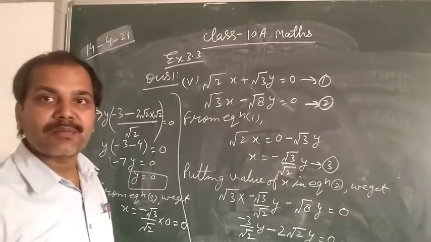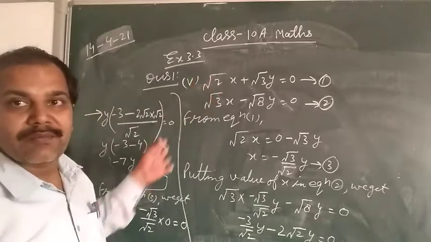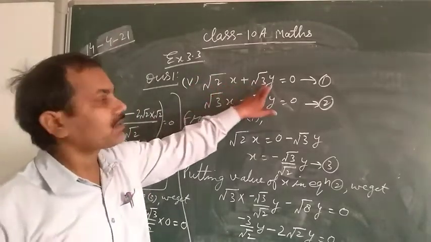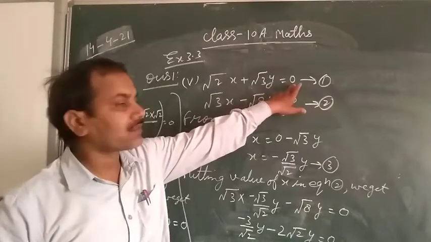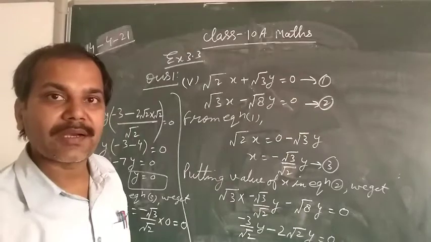So x and y both are 0. Okay. And also after that you can verify. Putting x and y as 0, this 0 plus this also 0, and their sum will be 0. 0 minus 0 also verified. Clear?